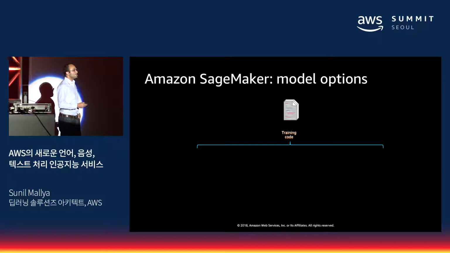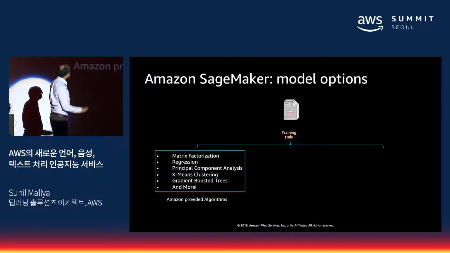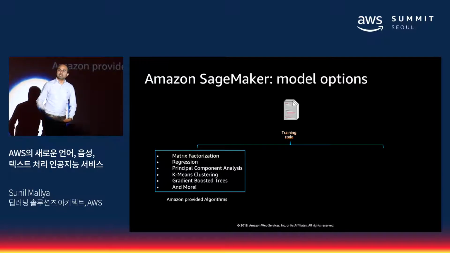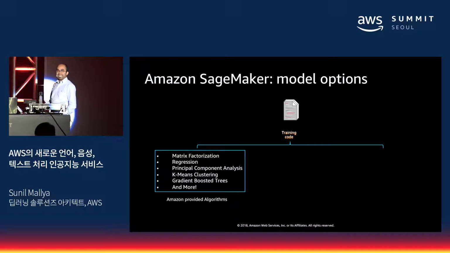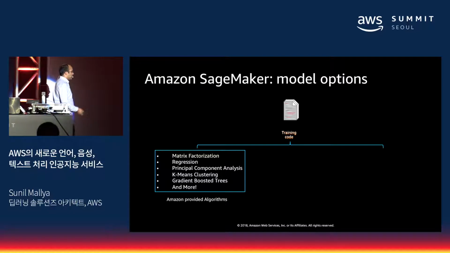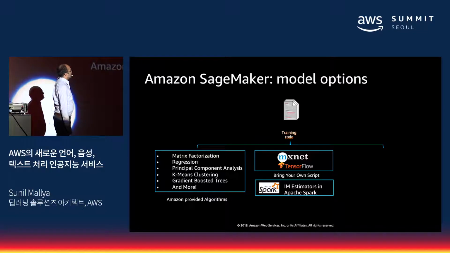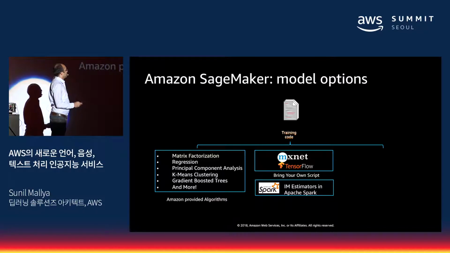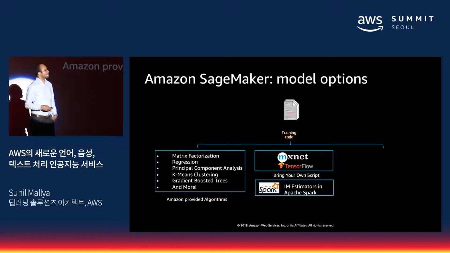So let's look at what algorithms SageMaker provides. The classical machine learning algorithms that I talked about, something like matrix factorization, principal component analysis, k-means, gradient boosted trees, all those are provided. Also, we allow you to use MXNet and TensorFlow as a native runtime.